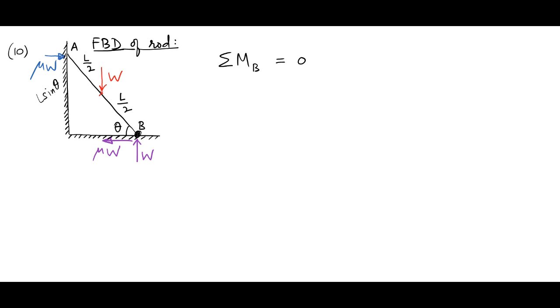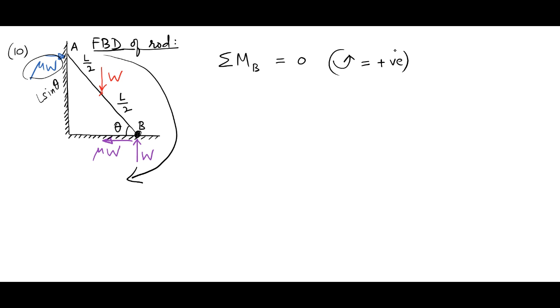So we'll first consider the force mu W. Now the moment of this force about B is in the clockwise direction. You see it's trying to turn the ladder in this direction about B, and in this particular problem we'll take anticlockwise as positive. That's our usual convention. Of course we can change it in certain problems, it doesn't matter.